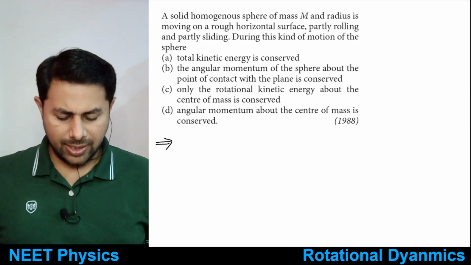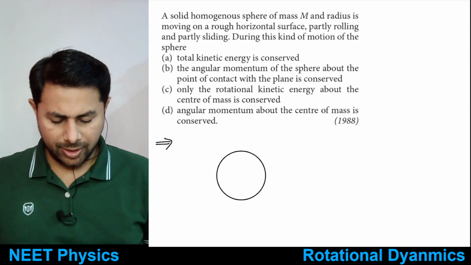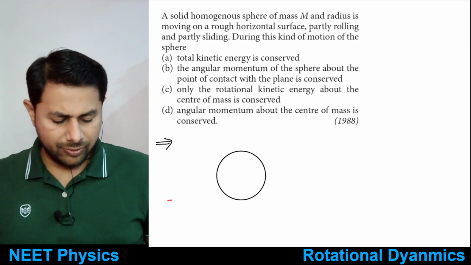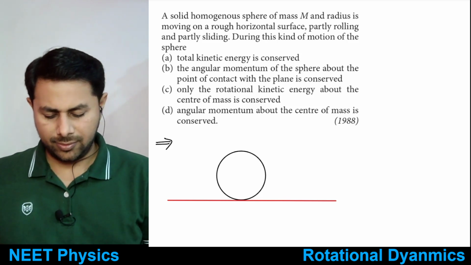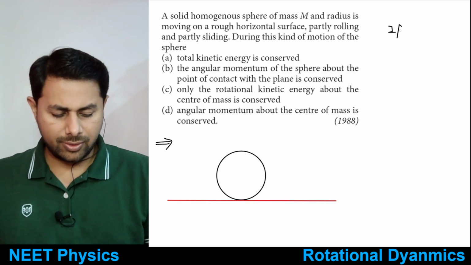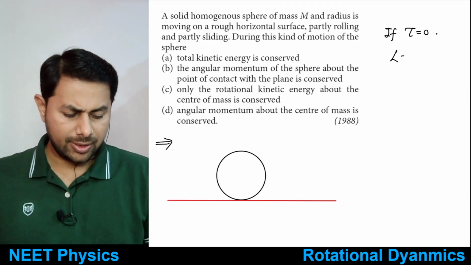So now if you take a solid sphere, so this is a solid sphere, okay, so when would the angular momentum be conserved? So if torque is equal to 0, angular momentum is conserved, L remains constant, right?